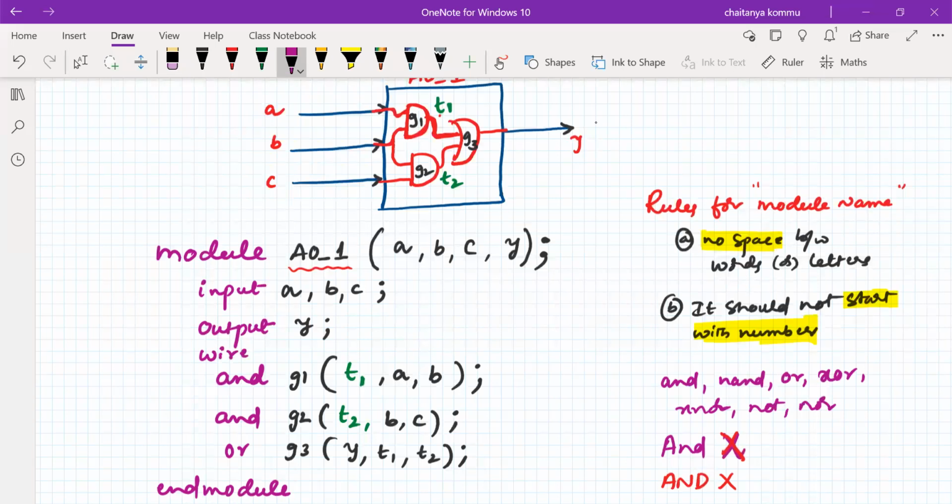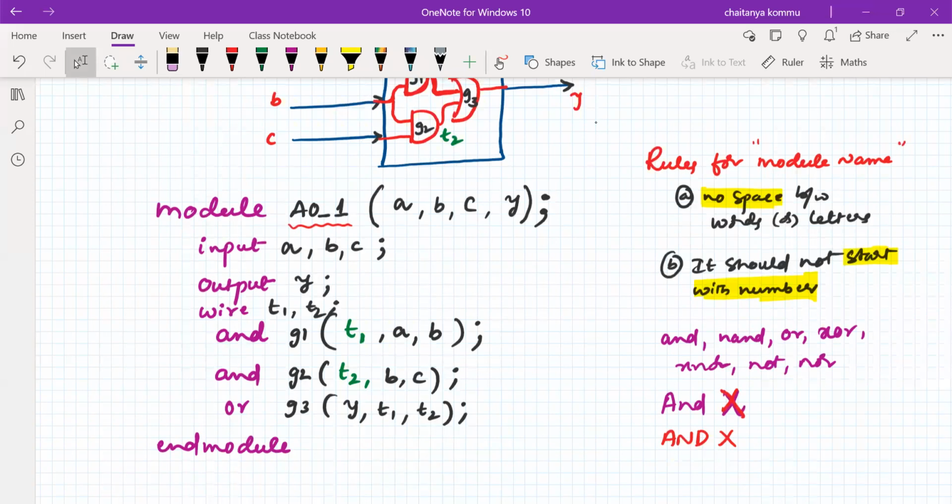Wires are T1 comma T2. I think you understand this point. After everything, we have to write a semicolon. That is how we write a Verilog program by using gates like this. Whatever the circuit is, it doesn't matter.